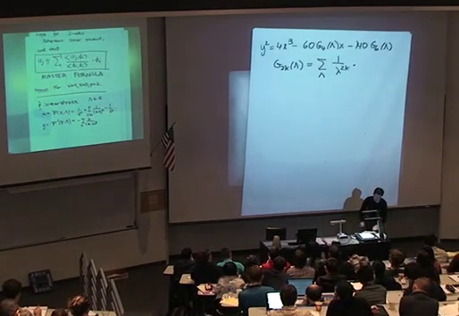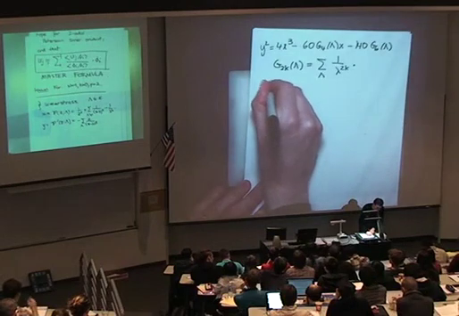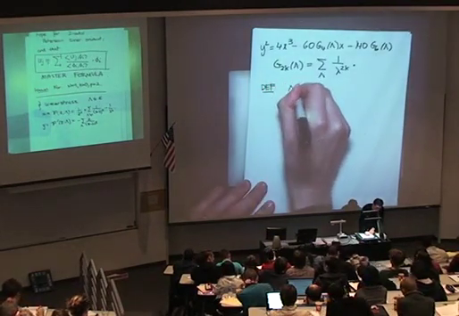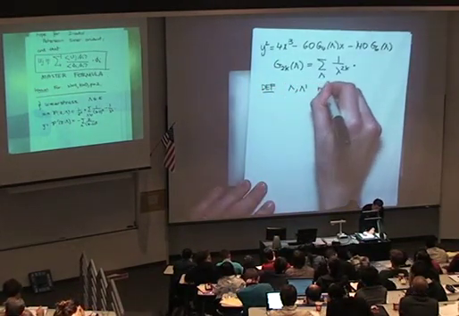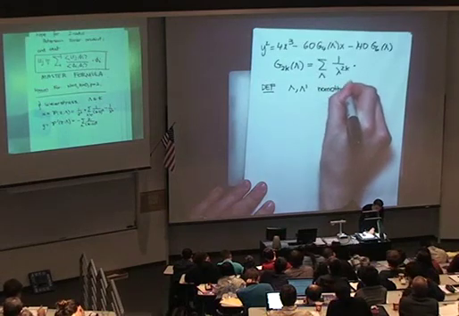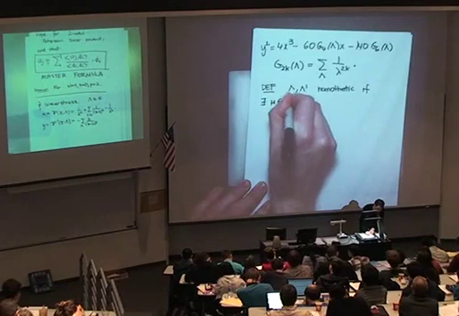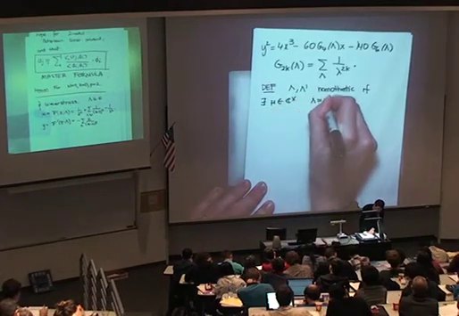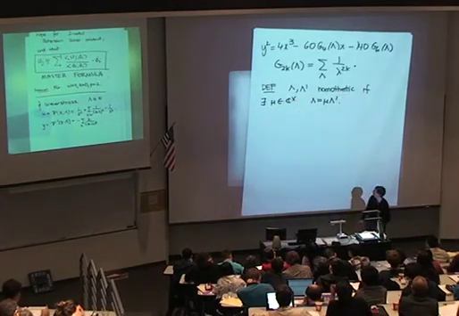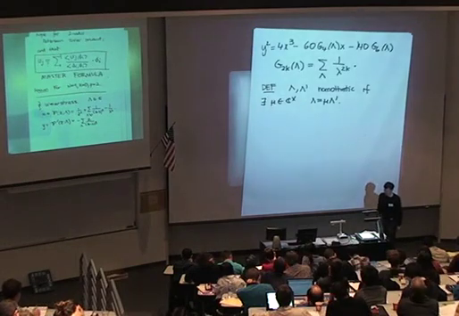So, by definition, we'll say that two lattices are homothetic if there exists a non-zero scalar such that one is just a multiple of the other.